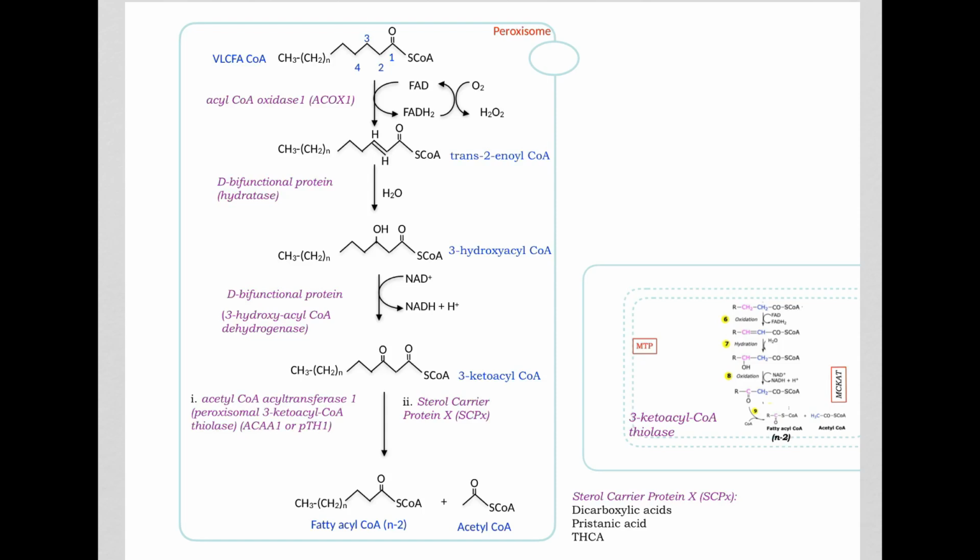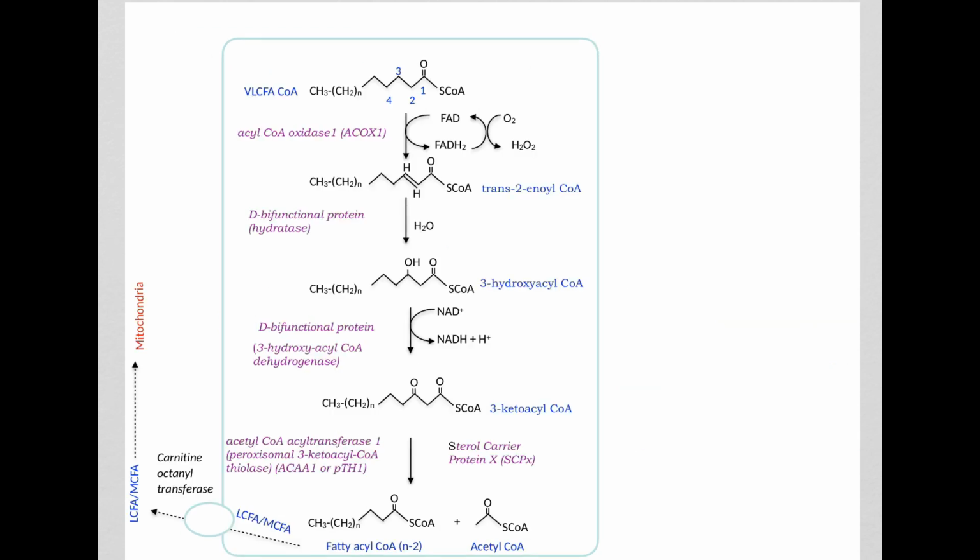So unlike the very long chain fatty acids, which have two enzymes that can catalyze the breaking of this bond between the alpha and the beta, in the case of dicarboxylic acids or pristanic acid or the bile acid intermediates, only this protein, the sterol carrier protein, can catalyze this last reaction.